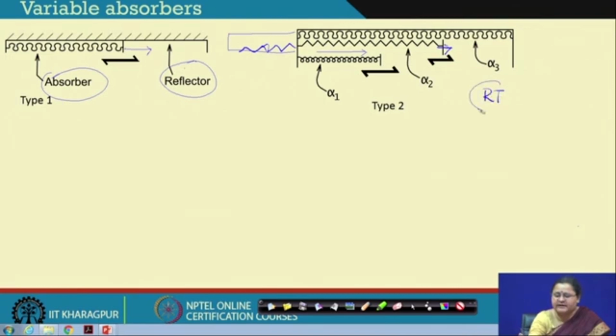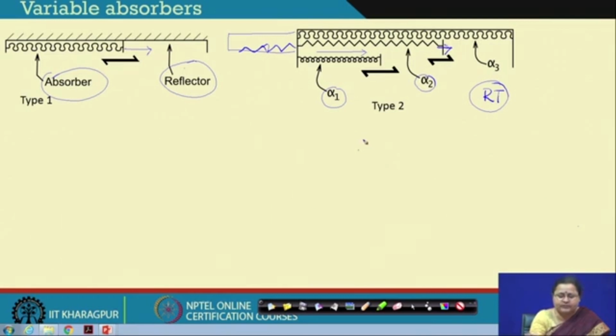So, this RT determines whether alpha 2 or alpha 1 should be required, or a mix and match of the different alphas can be required. That is worked out from the reverberation time using Sabine's formula, and you can keep on changing.